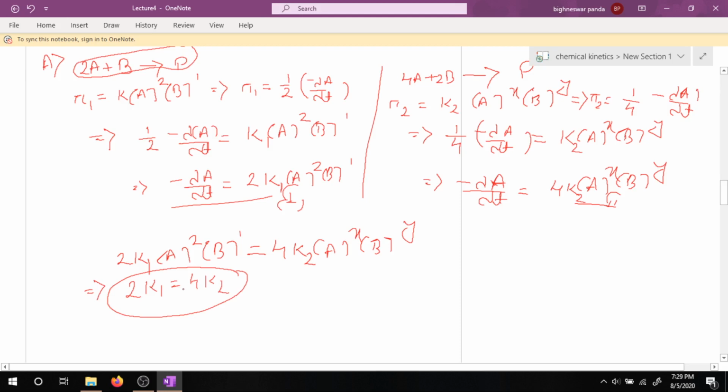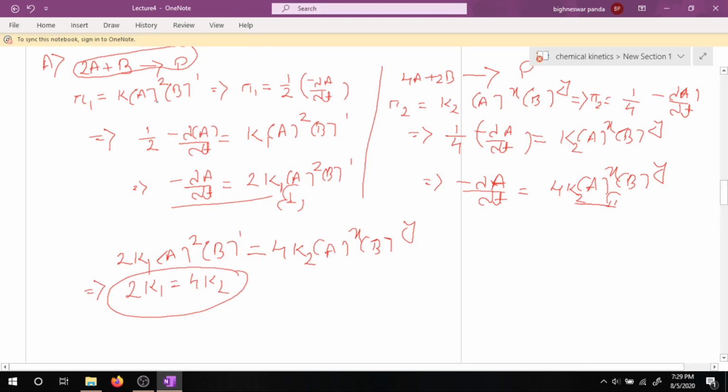Because we have already studied important examples of different values of order in the rate law expression: on changing stoichiometry, 2A plus B gives rise to product, and by multiplying this we have 4A plus 2B gives rise to product. On changing stoichiometry of the reaction, rate of reaction will change, rate constant will change, but order will not change.